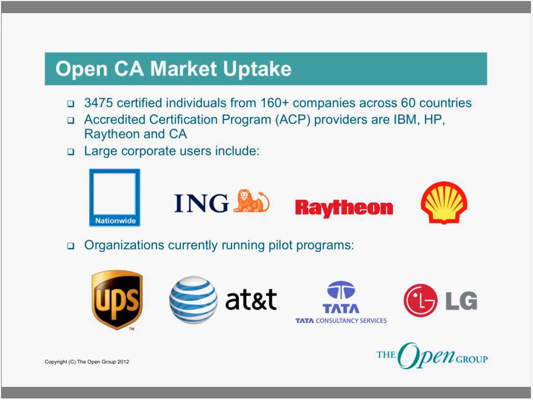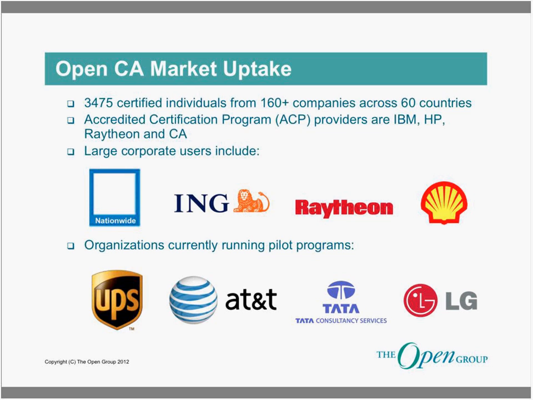For OpenCA, we have almost 3,500 certified individuals now from a range of companies. They come to us either directly through our direct program or through our accredited certification partner program. We have partners such as IBM, HP, Raytheon, and CA, who run their own programs which we accredit, and members of those organisations can become part of the OpenCA program.